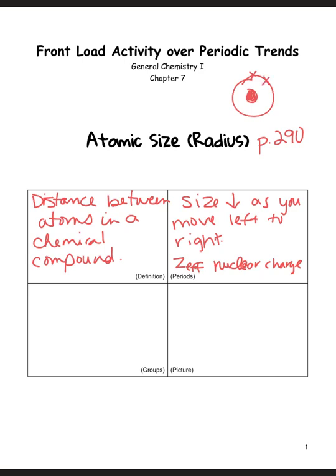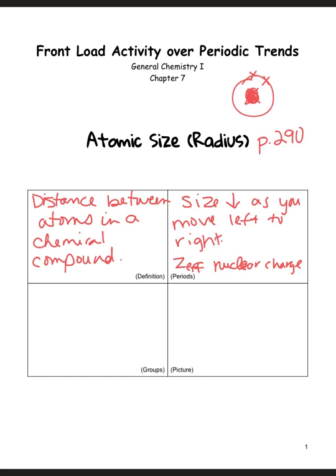It's either energy level 2 or energy level 3 because each row is an energy level. So it's staying within that row, so that nucleus in the center has a much stronger pull on those electrons, and it'll pull them in tighter, and it'll cause that atom to be smaller. So that is what's causing the size to decrease.